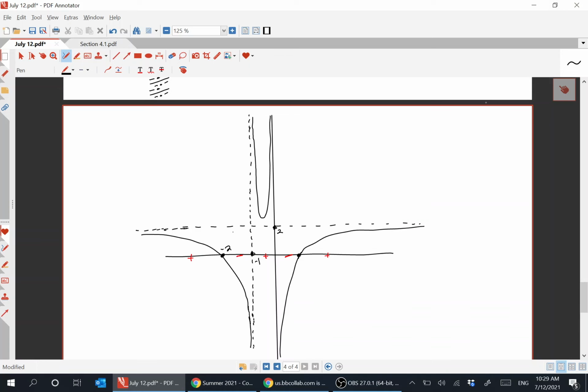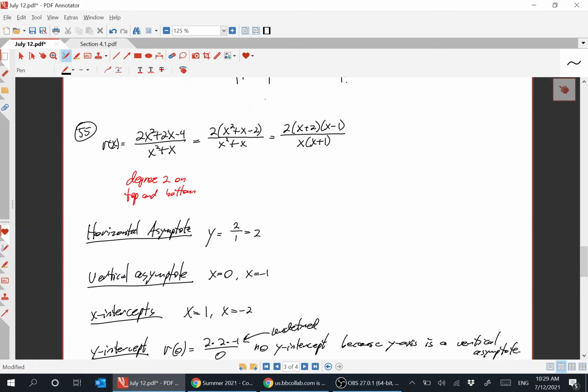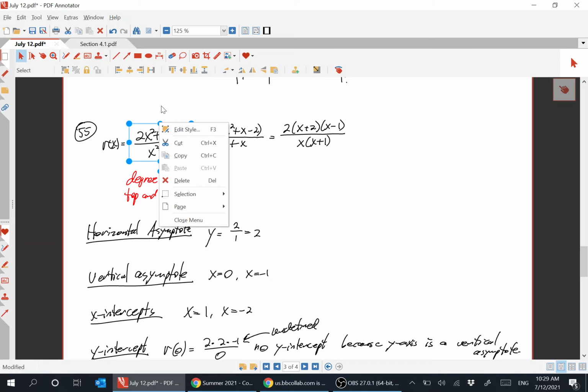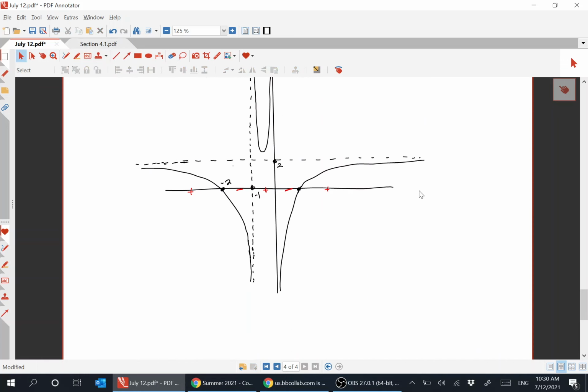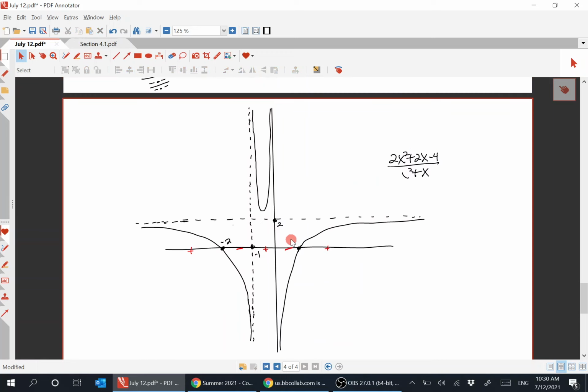So that's y equal to this function here. Right, it's an interesting looking graph, I think.